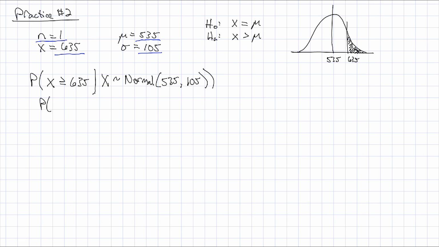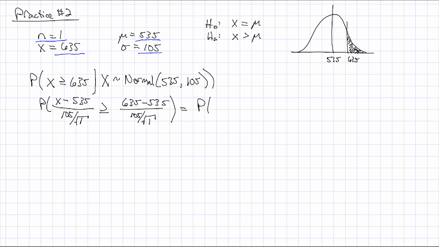So what we do is change this to a z, and we do that by subtracting our population mean, dividing by our standard error, which is our standard deviation divided by the square root of the sample size. In this case, our sample size is 1 because we only have a single individual. So 105 divided by the square root of 1.